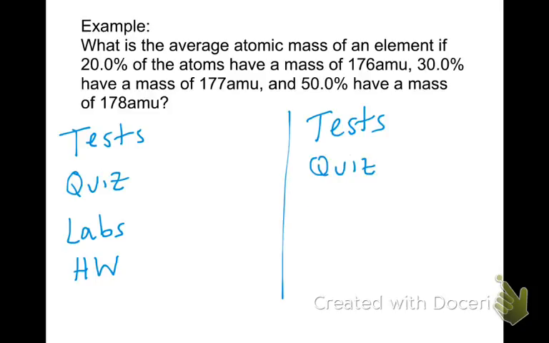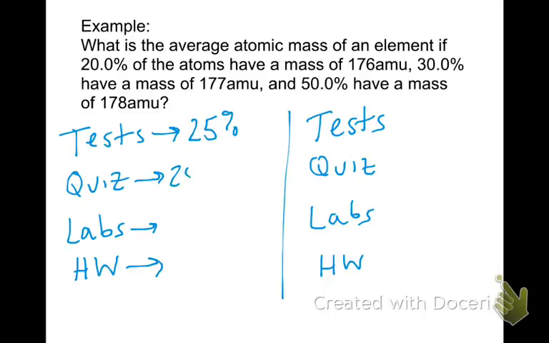So test, quiz, lab, and homework. So let's just say that I didn't give you a weighted average. Let's say that everything was worth the same amount percentage-wise. All of these were worth 25%.